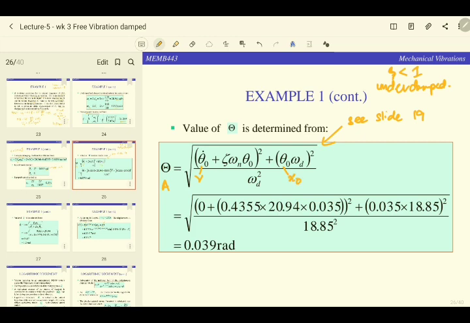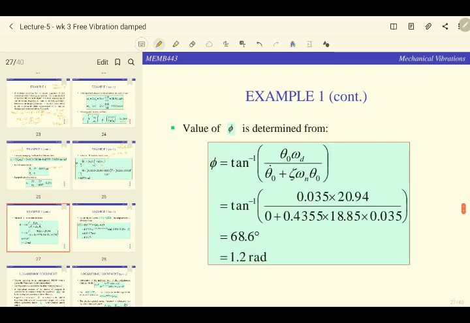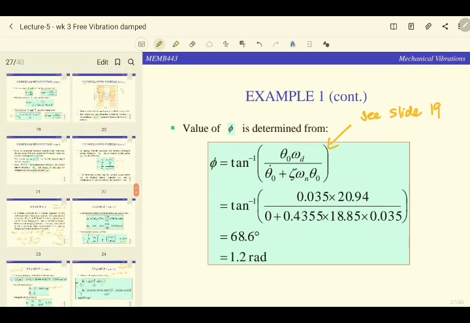You have to see slide 19. Basically you need to be able to convert from a linear system to a rotational system. Then the rest will be the same. This one is also from slide 19. Maybe I show it again.